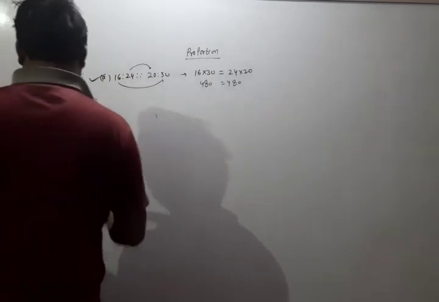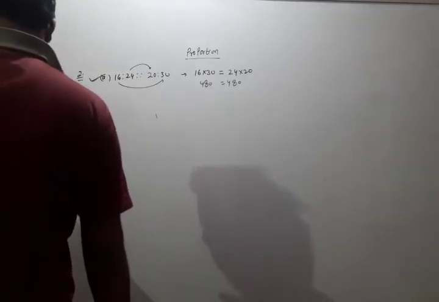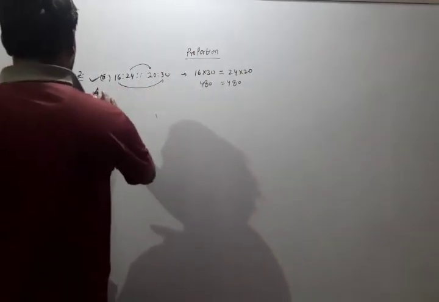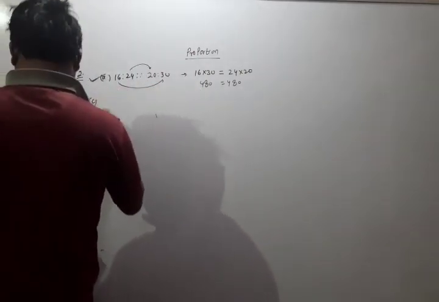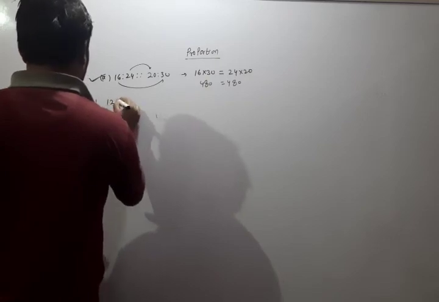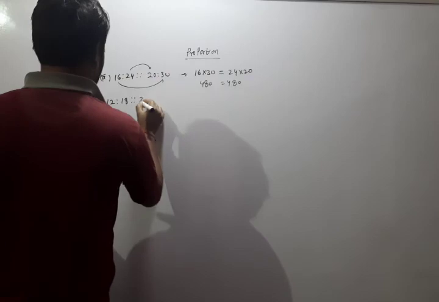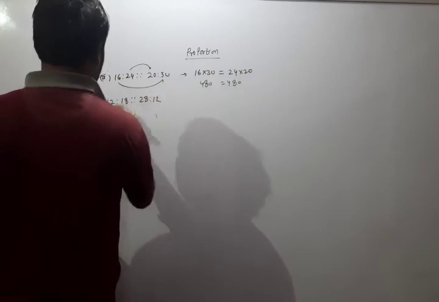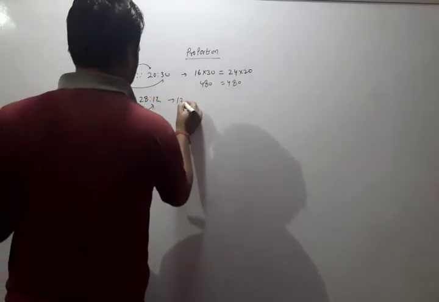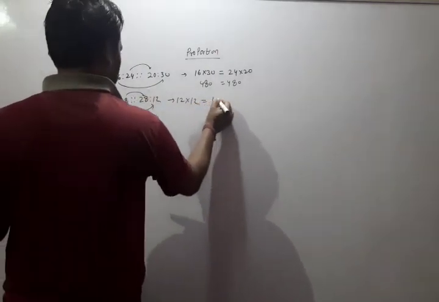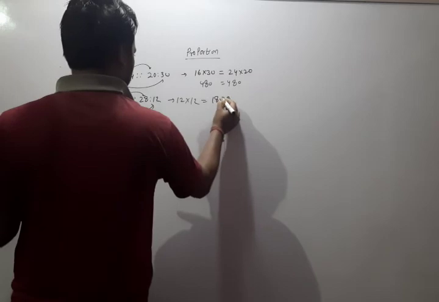Now moving to C. Let us see. C is 12:18 proportion to 28:12. See 12 into 12 and 18 into 28, both should be equal.